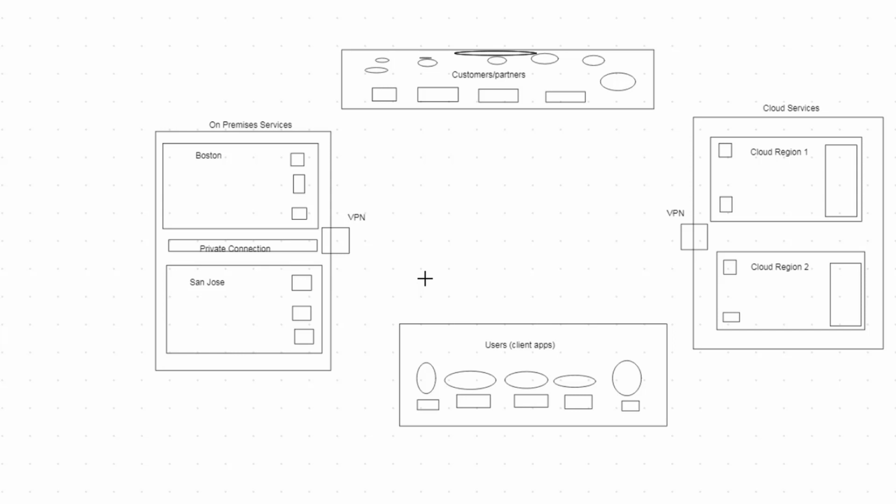But what I'd like to do here is just do a high level overview of how layers of security could be applied in the best practice of defense in depth. Over here, I have basically our company resources, on-prem services. We have two offices, Boston and San Jose. But we also use cloud services, and again, it could be any cloud provider.